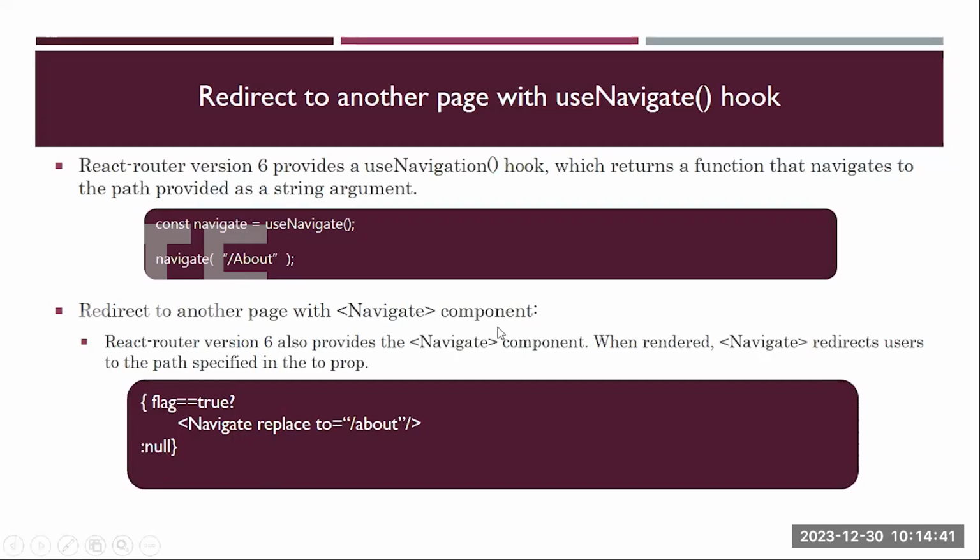To redirect to another page, we also have the Navigate component. We can use it in a function on a conditional basis and navigate to another page. I am showing how we can do that.